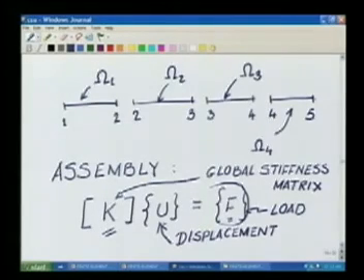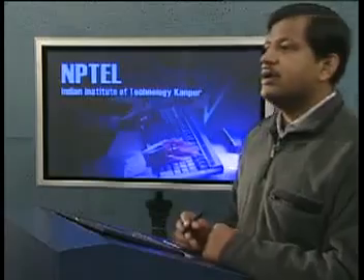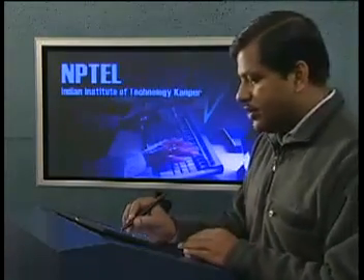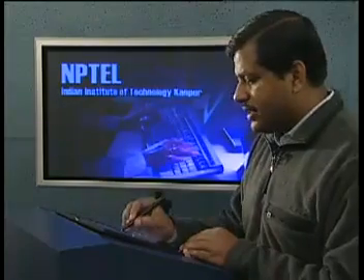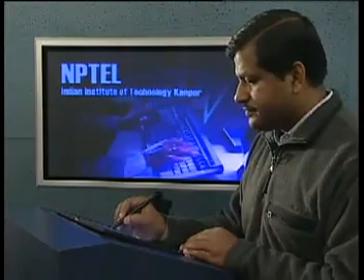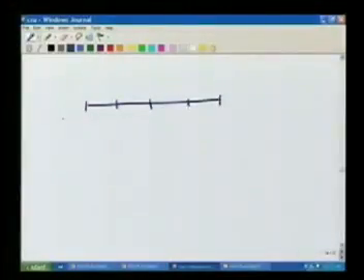So once we have done the assembly, our job is not over. If you remember that nodes 1 and 5 have something special specified at them. For example, at node 1, I may have the displacement given a particular value.